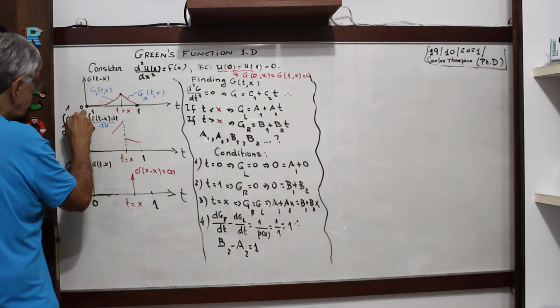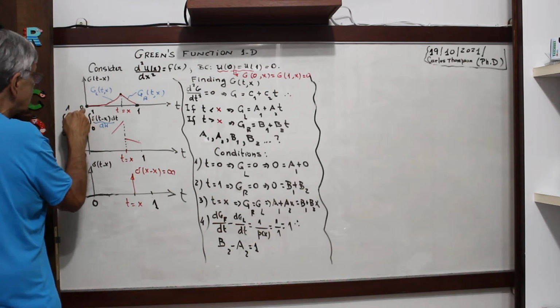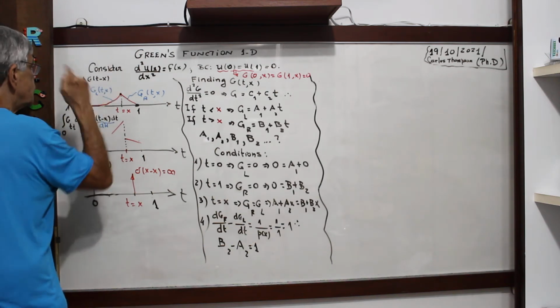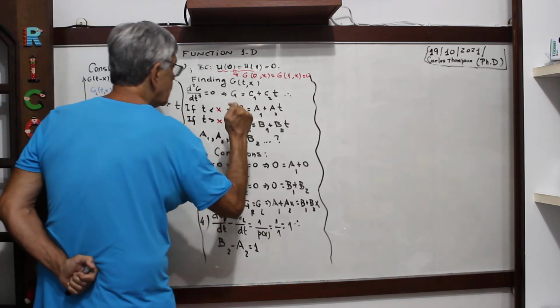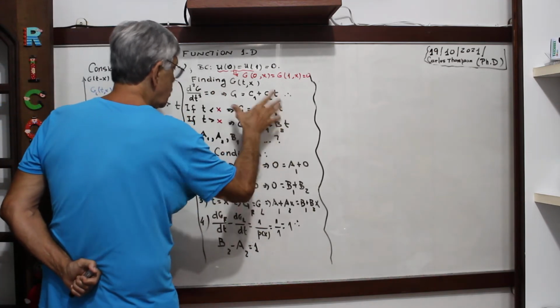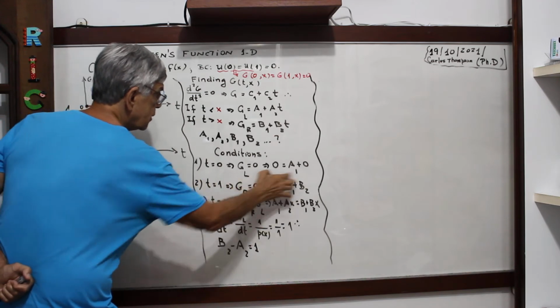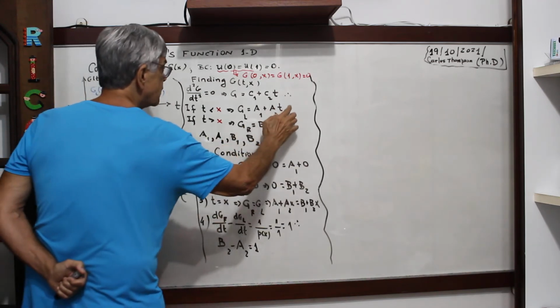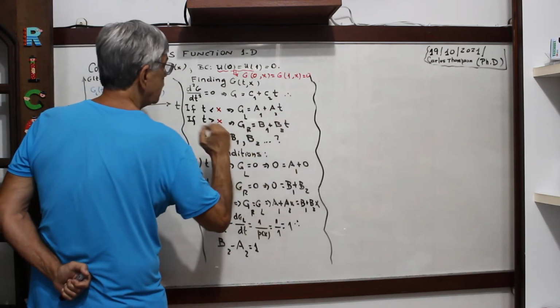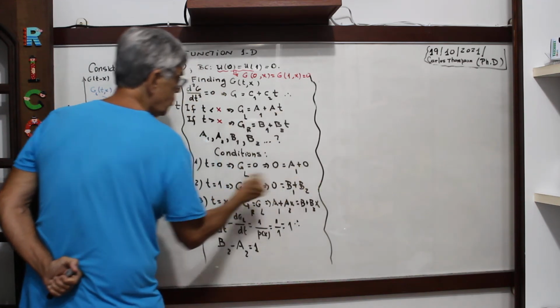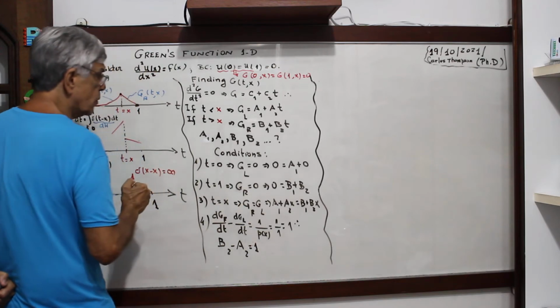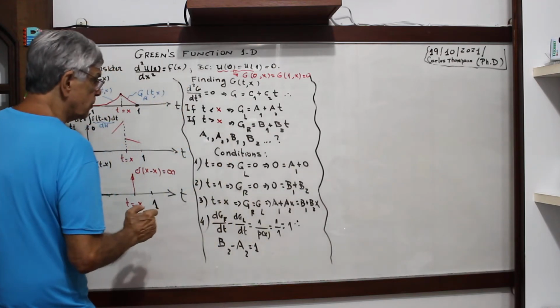At t equal 0 it reaches GL, not G right. So GL at t equal 0 will be 0. Just set t equal 0, then I will have A1 plus 0 times A2 equal 0. So that's the first condition.